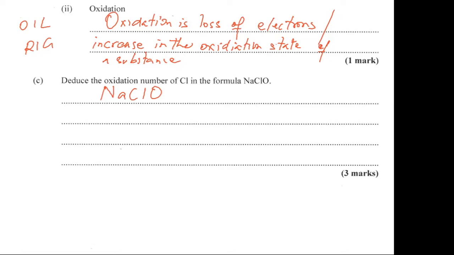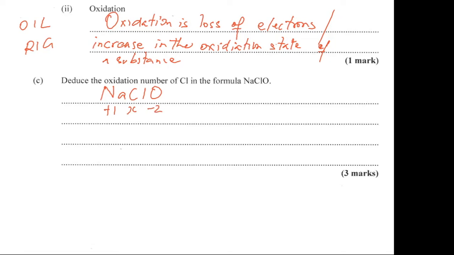Sodium, in a compound, is +1. Chlorine, we don't know the oxidation number, so we'll call that X. Oxygen here is in a compound and it's not a peroxide, so the oxidation number is -2. So we have to know the rules for assigning oxidation number.